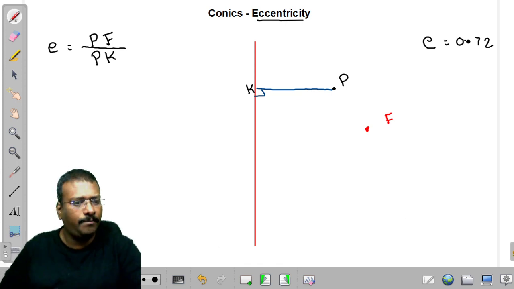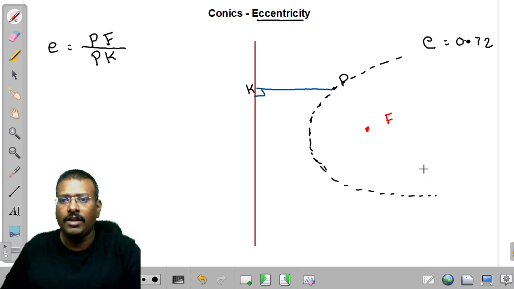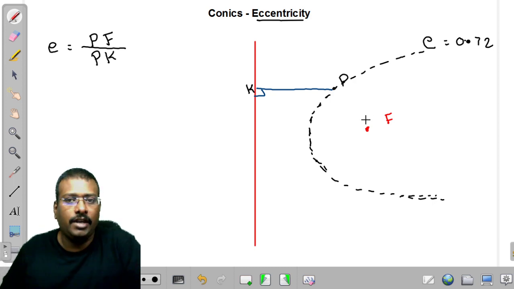Yes, definitely. Apart from this point, a few more points in this plane will have the same ratio. If you join all the points which have the same eccentricity value, it is called a conic.